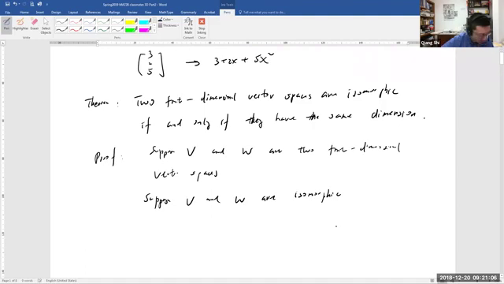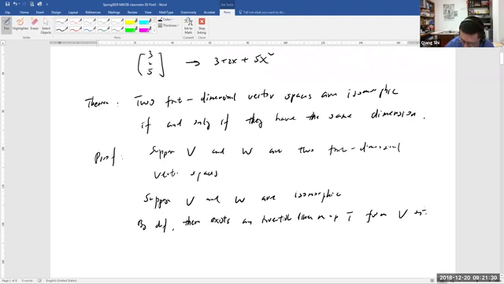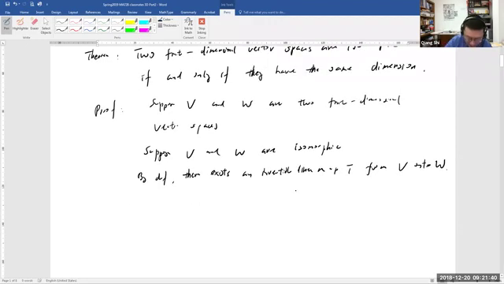So then, by the definition, there exists an invertible linear map T from V onto W. That's just our definition, what we defined a minute ago, of what we mean by two vector spaces being isomorphic.